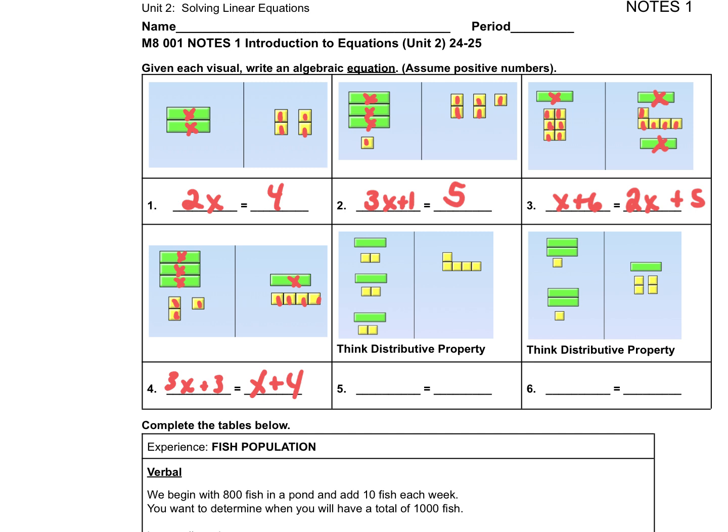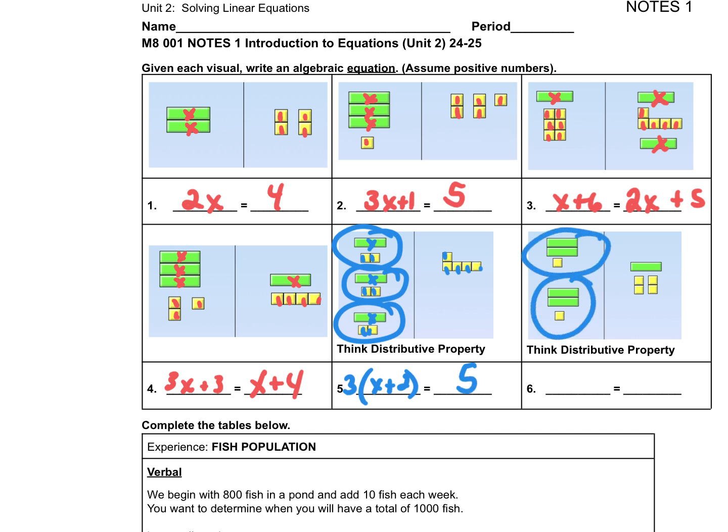Okay, next, we bring in the distributive property. As you can see, this is 3 groups of x plus 2. And it equals 1, 2, 3, 4, 5. And then the same thing happens here.